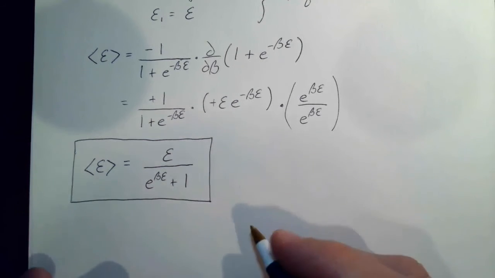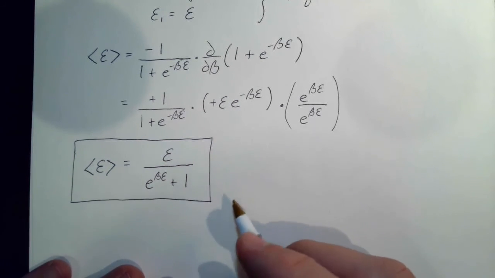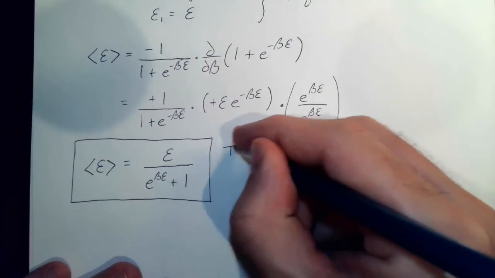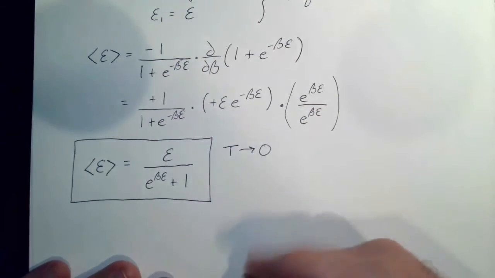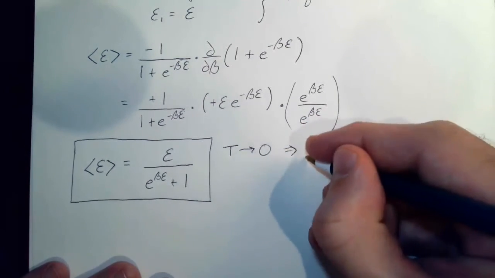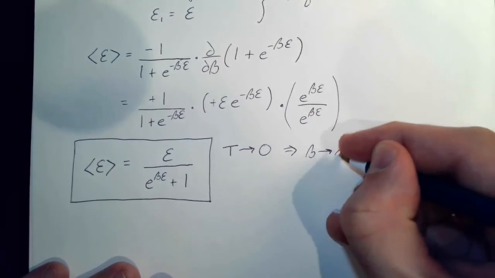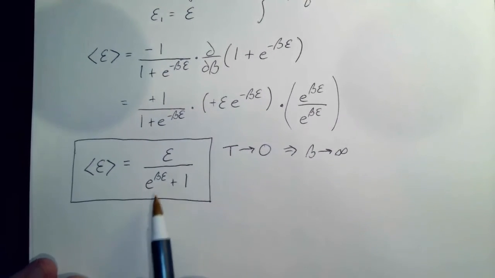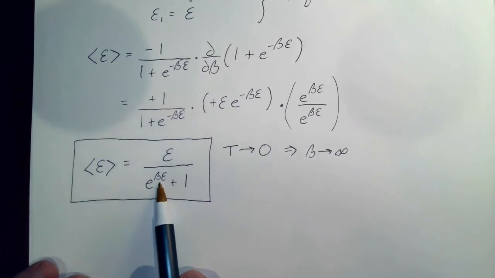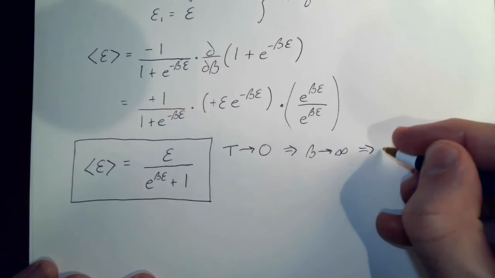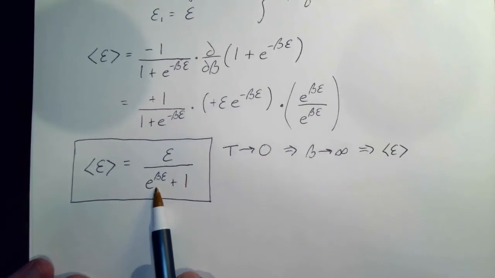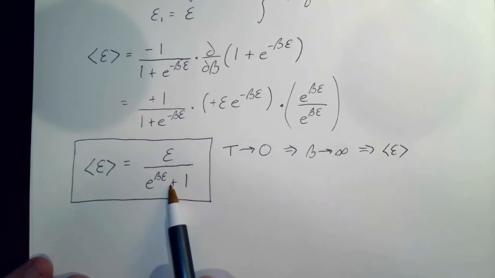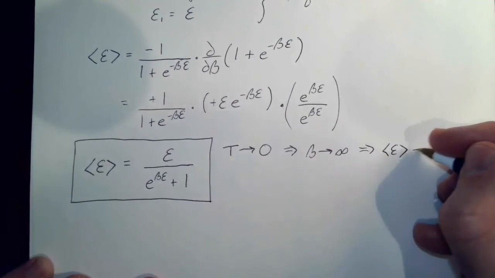All right, so let's take a look at the extremes. If we take the limit of the temperature to 0 and to infinity. So as T approaches 0, beta is going to approach infinity because it's 1 over kT. And if beta approaches infinity, then this average energy is going to approach 0 because the denominator is becoming infinitely large.